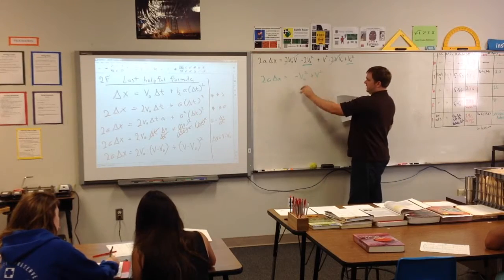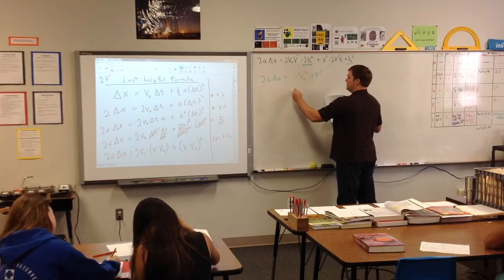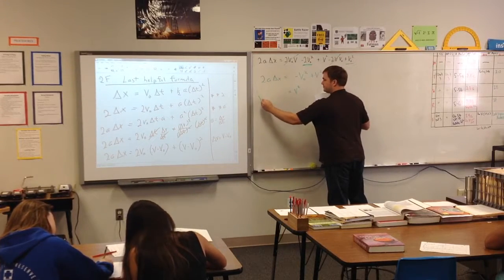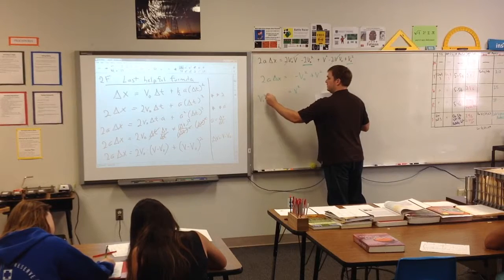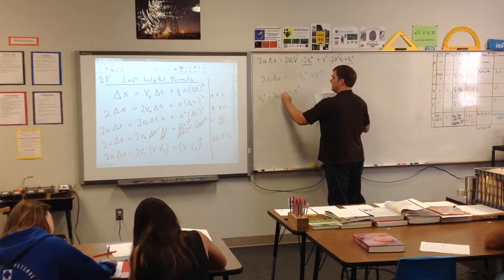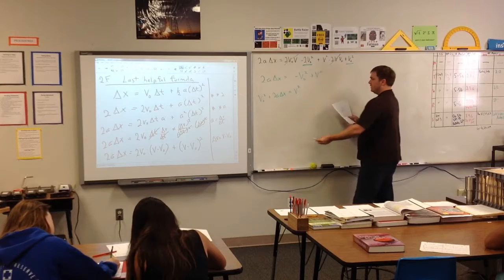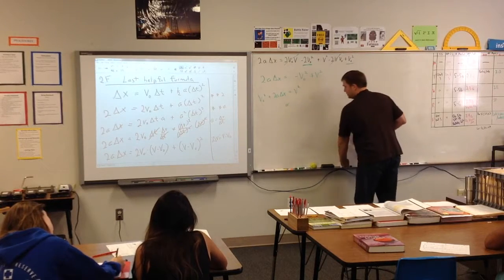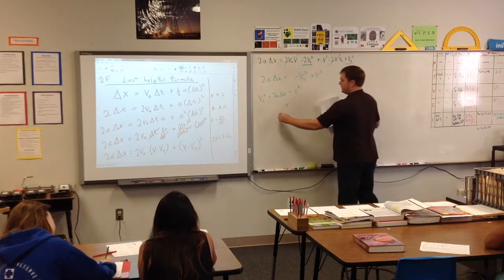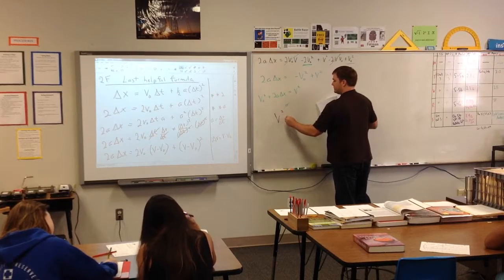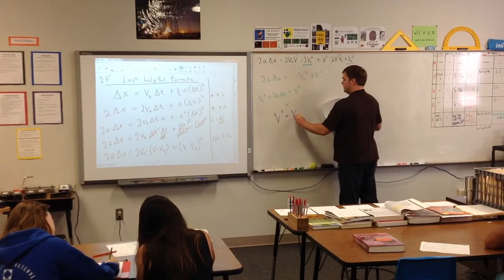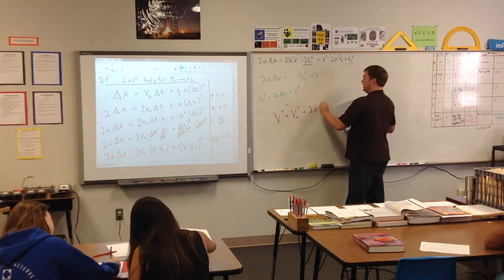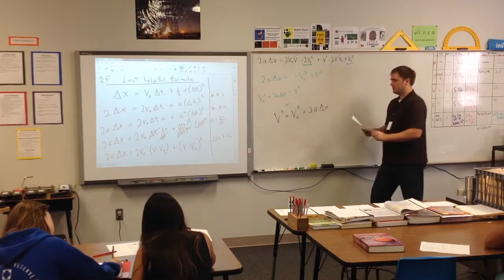And then I'm going to add v naught squared to both sides. So we have v squared equals v naught squared plus 2a delta x, or as it's usually written, v squared equals v naught squared plus 2a delta x.